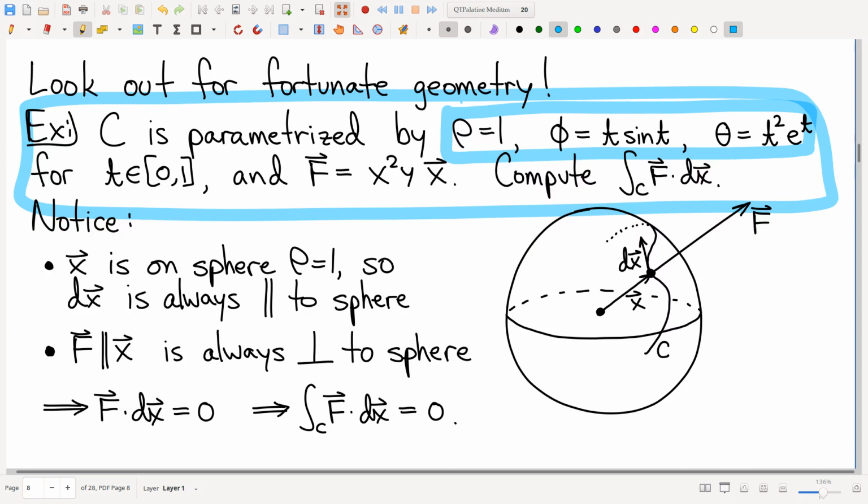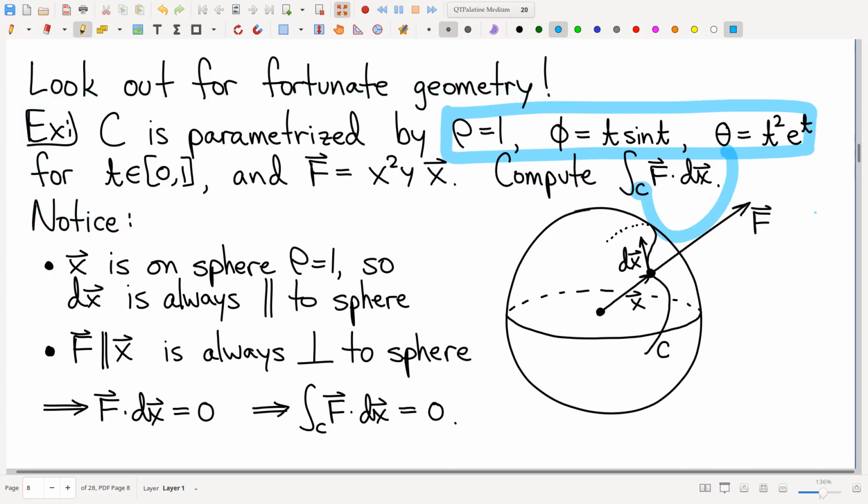That means x, y, and z are going to be sines and cosines of all of that stuff. This parameterization is monstrously ugly. And if we want to compute a line integral over that curve, direct brute force, plug and chug, that's going to be a horrifying computation.